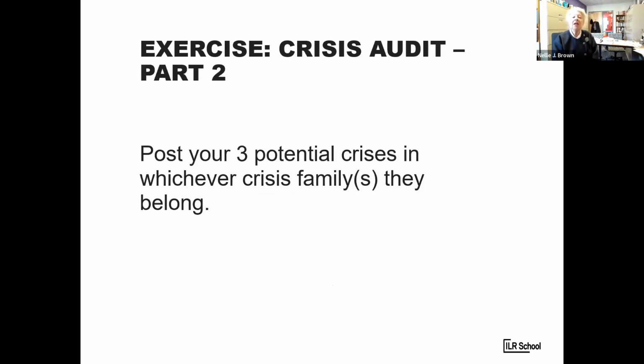So, the next step in our audit here today, I want you to think about the crises you came up with on your little list earlier. If you didn't come up with 3, I'd be willing to bet that looking through the crisis families is going to get you making a longer list, probably a lot more than 3. But what we're going to ask you to do next is to take whatever you've come up with on your list so far and put them in whatever crisis families you think they belong.